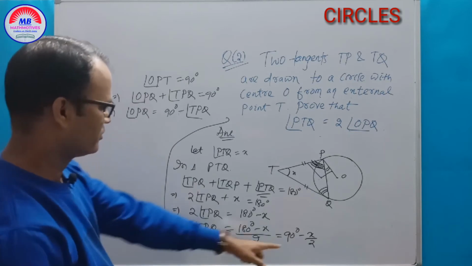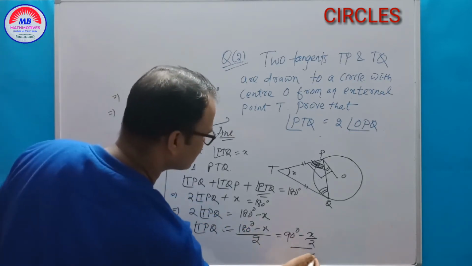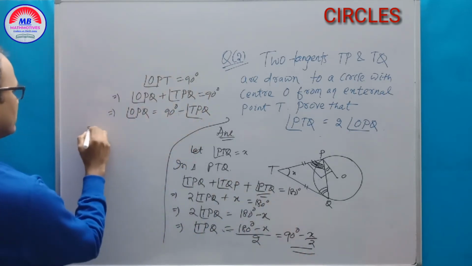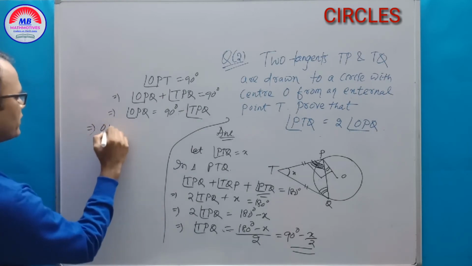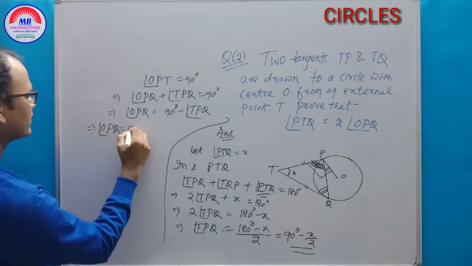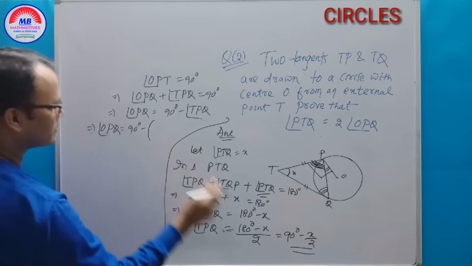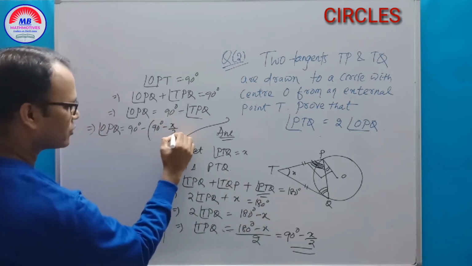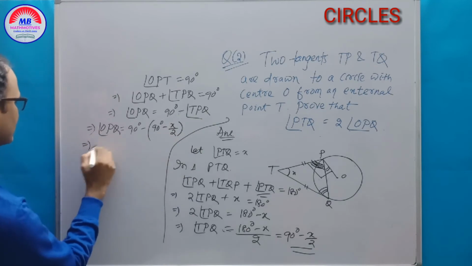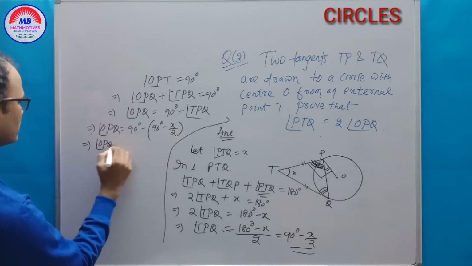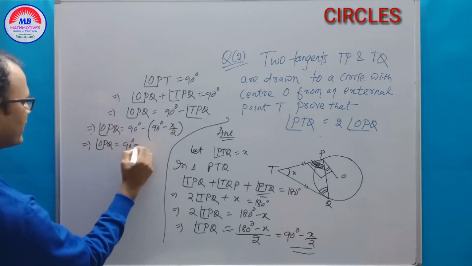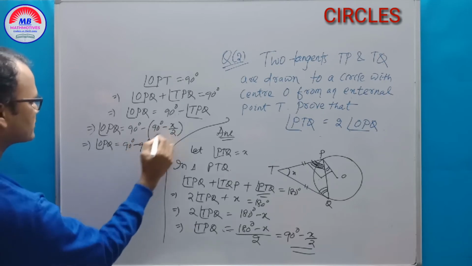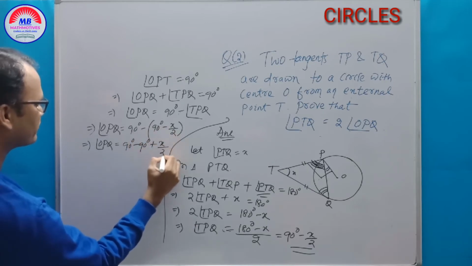TPQ is 90 degrees minus X by 2, so OPQ is equal to 90 degrees minus 90 degrees plus X by 2.